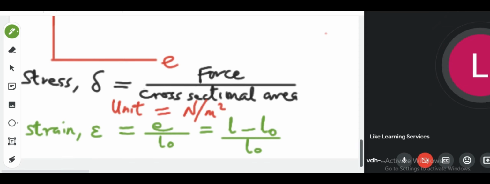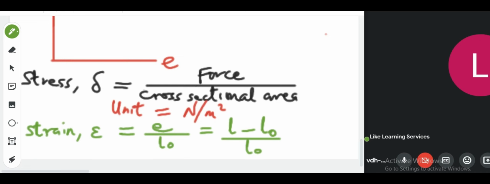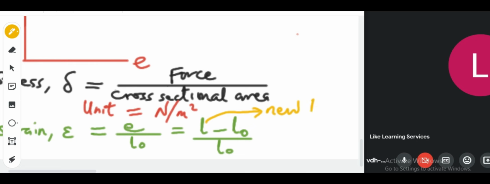So we can define each of these. L stands for new length.